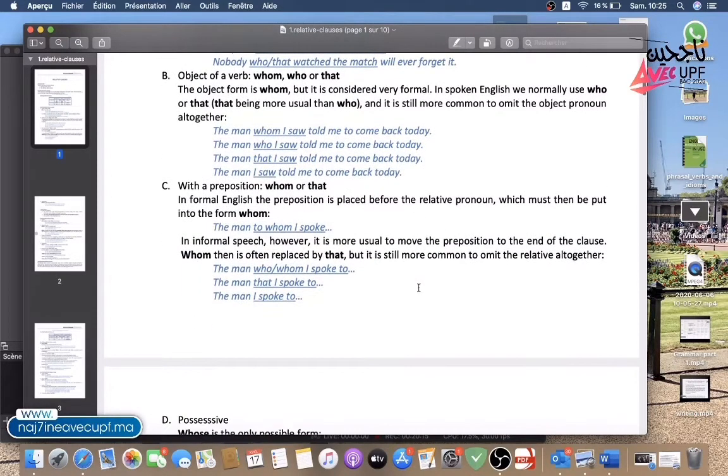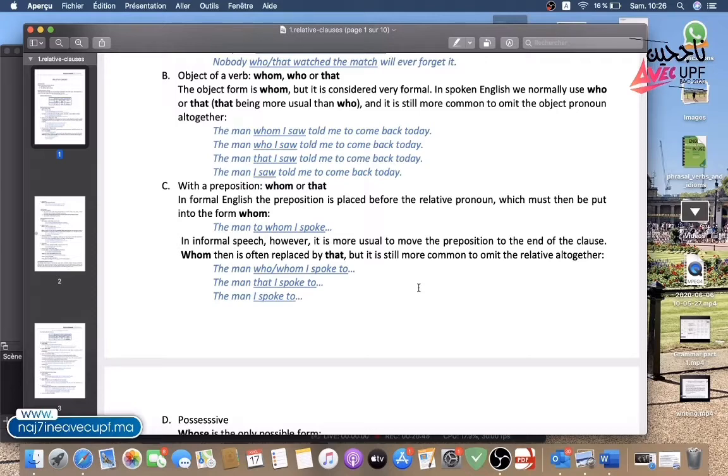Donc, with a preposition. Alors, in formal English the preposition is placed before a relative pronoun, which must then be put into the form whom. The man to whom I spoke. To whom I spoke. The preposition is placed before the relative clause.